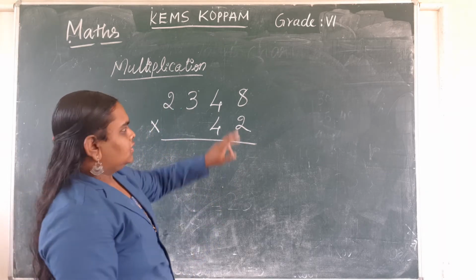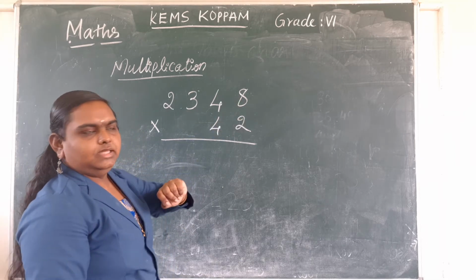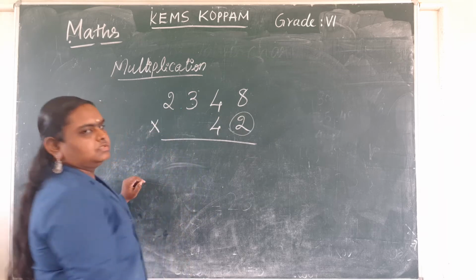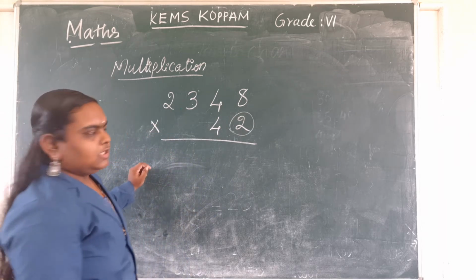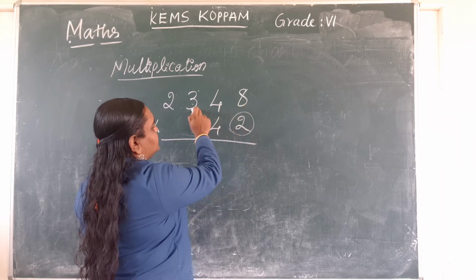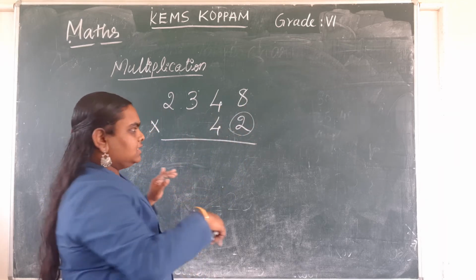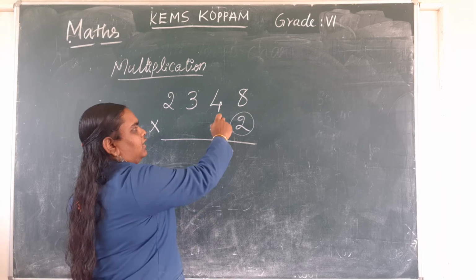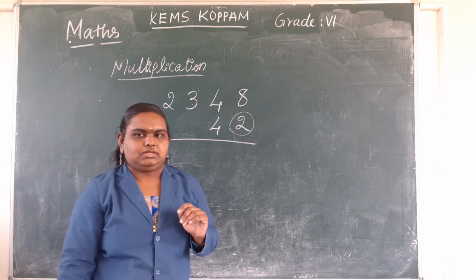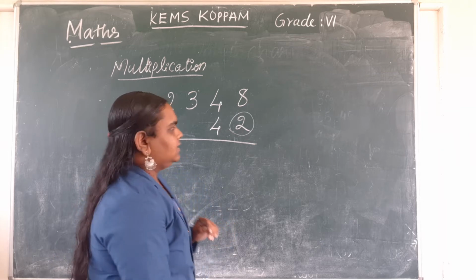Okay. First, we have to multiply 2 with these 4 numbers. First we have to take the number 2. Then we have to multiply these 4 numbers. Then the next step is 4. We have to multiply the 4 with these 4 numbers. Okay. Yes.